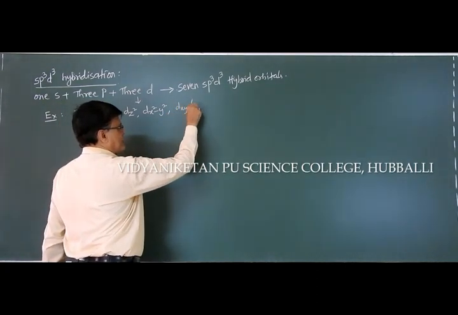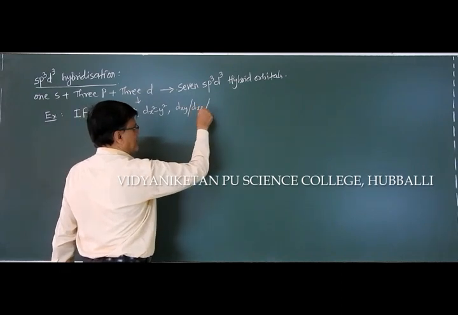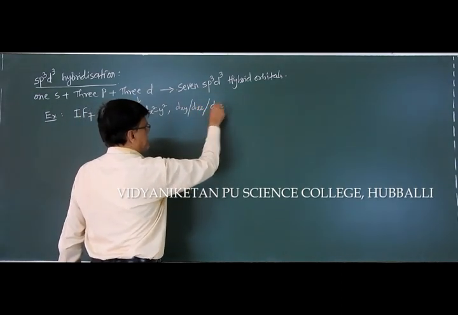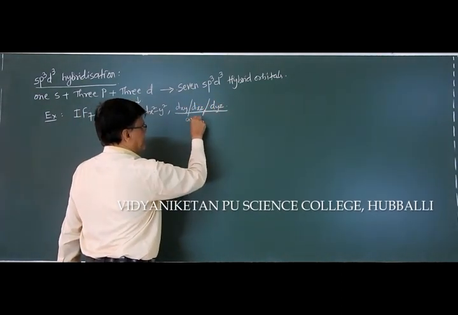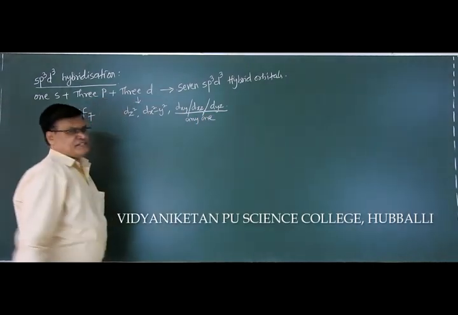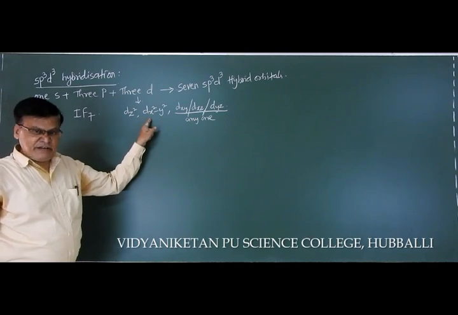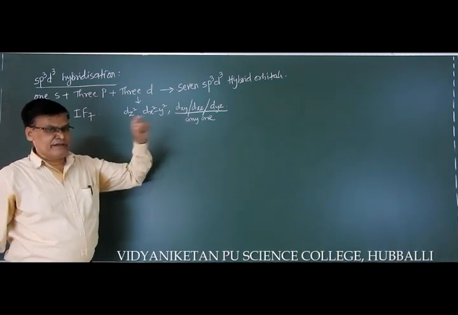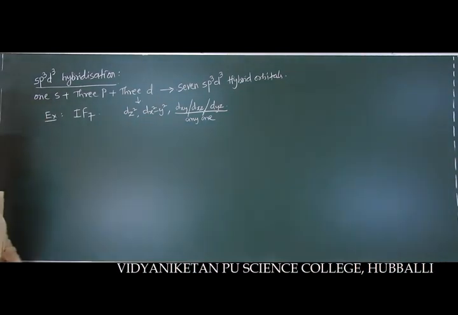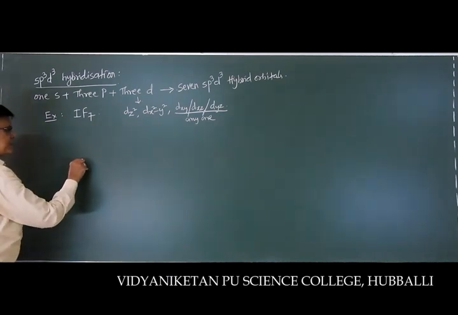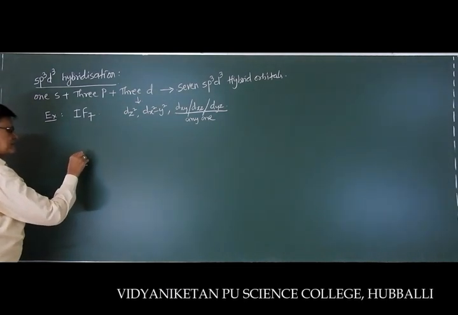Among these three, any one participates in hybridization. This is fixed: dz square, dx square minus y square. Among these three, any one orbital is involved here. I write the structure here. Iodine you can write here.